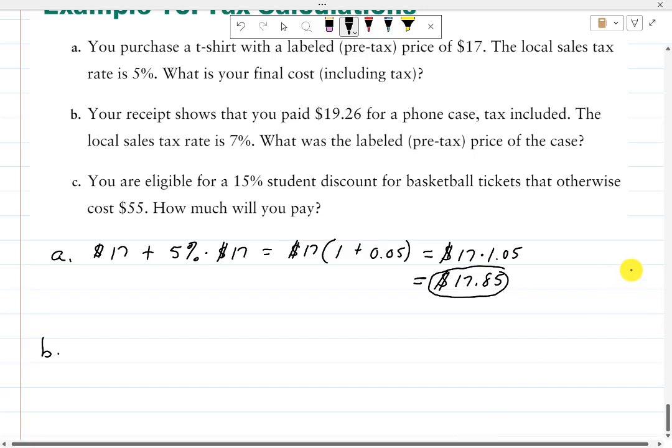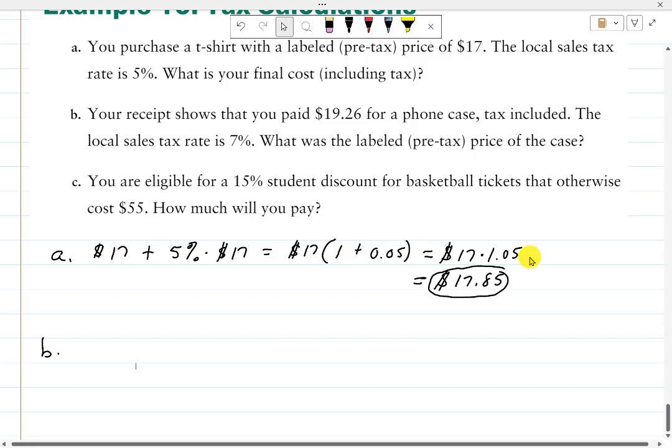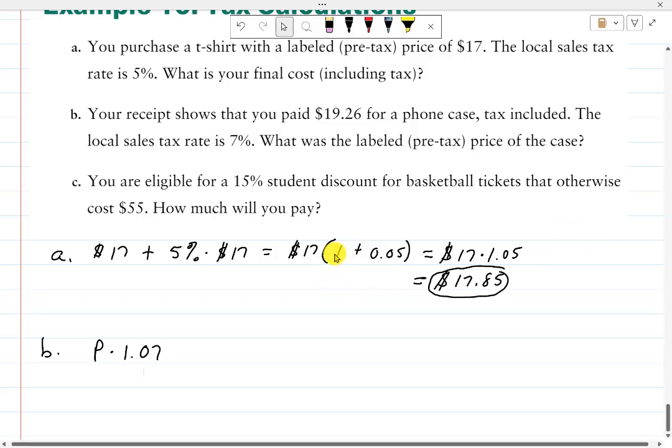In Part B, you know what you paid after taxes, and you know that the tax rate was 7%. So using this idea right here, I don't know the original price. I know that I bought something. It cost some sort of price, but then when I added 7% of its own value to it, which is this 1.07, the 1 maintains its value, and the 0.07 in this case does the increasing part of it.